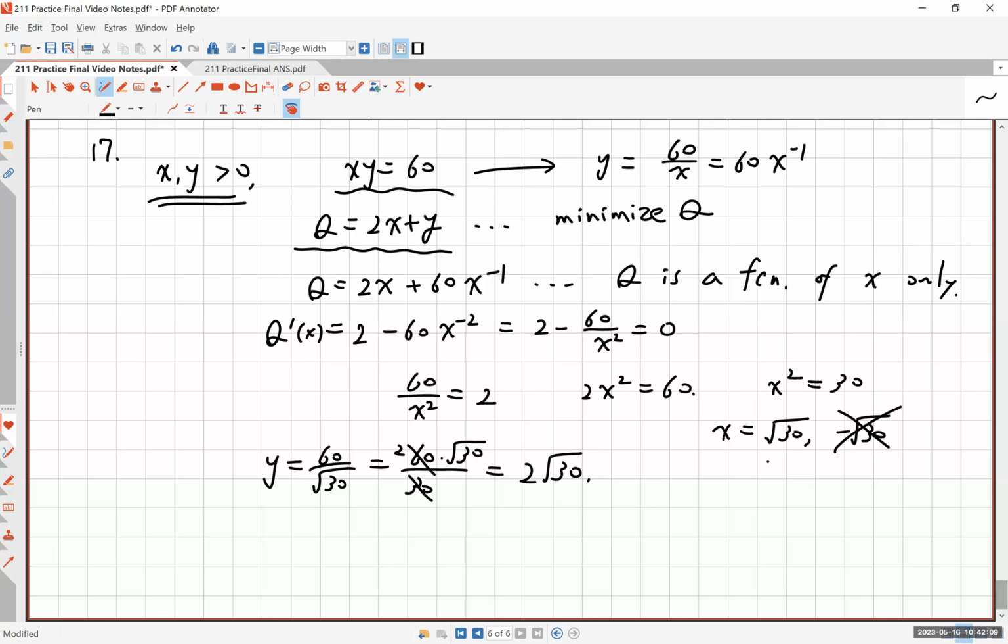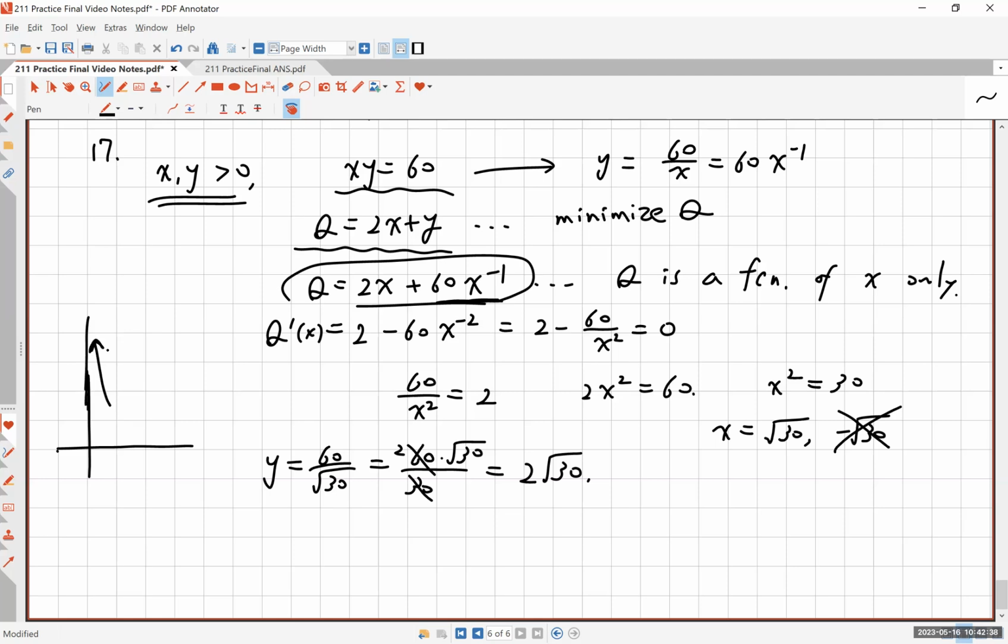Okay, so that gives us the answer, right? Well, actually, technically, we don't know this yet. All we did is define the critical point. But if you imagine what happens here, we're talking about this function, my Q. Q is not defined when x is equal to 0 because x is in the denominator. But as x approaches 0 from the positive side, this will blow up to infinity. So you have this asymptotic increase.